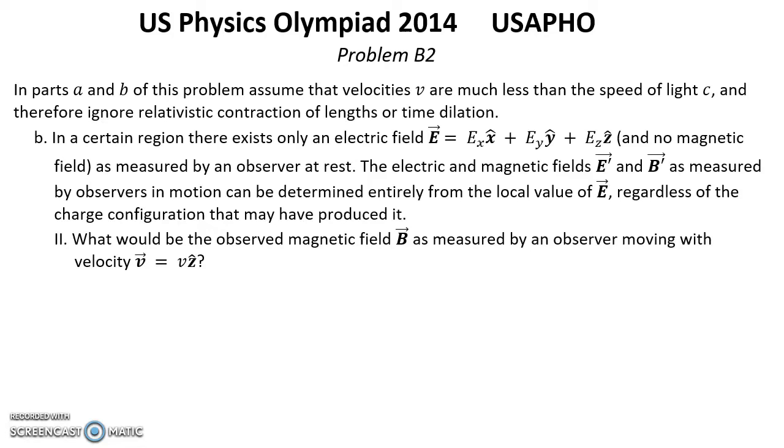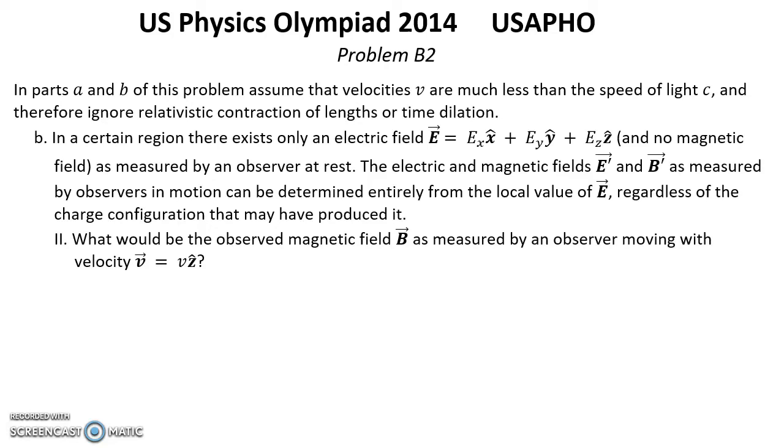That is, an electric field in the z direction causes an observer moving in the x direction to observe a magnetic field in the y direction, z cross x.